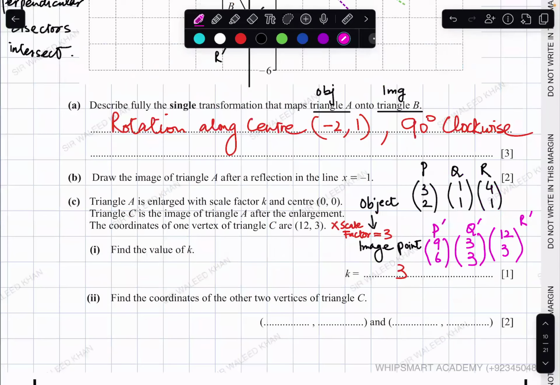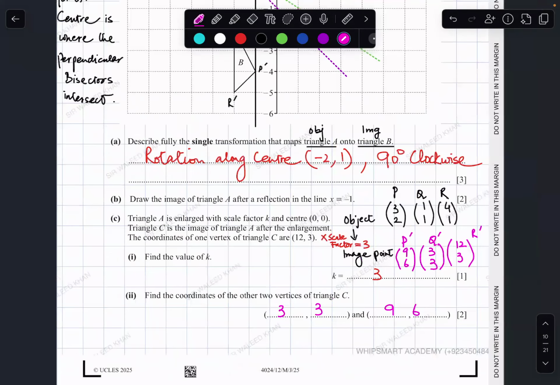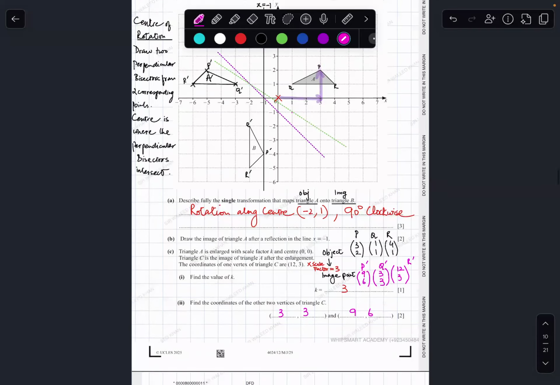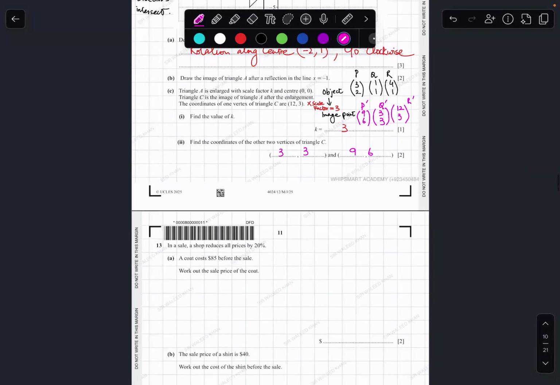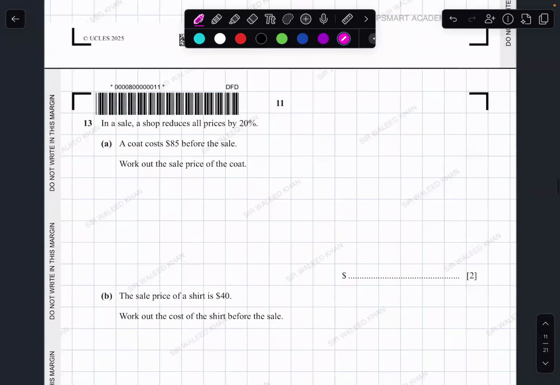So your coordinates are 3 and 3 and 9 and 6. Is that clear? Yes. Okay. Amar, is that clear? Yes, sir. Okay. So we have to move a bit quick.